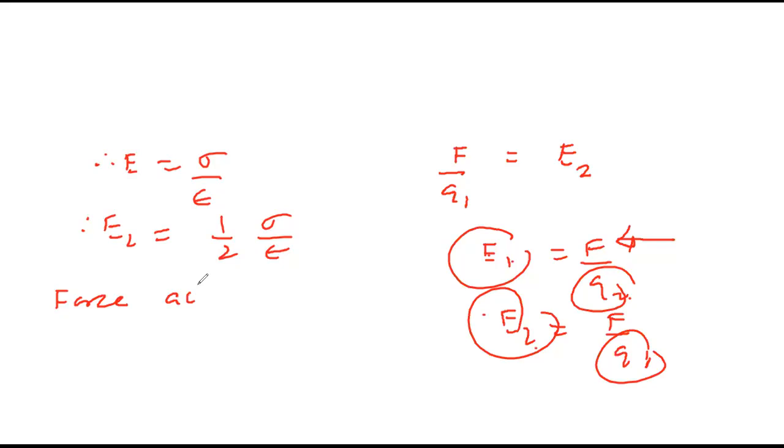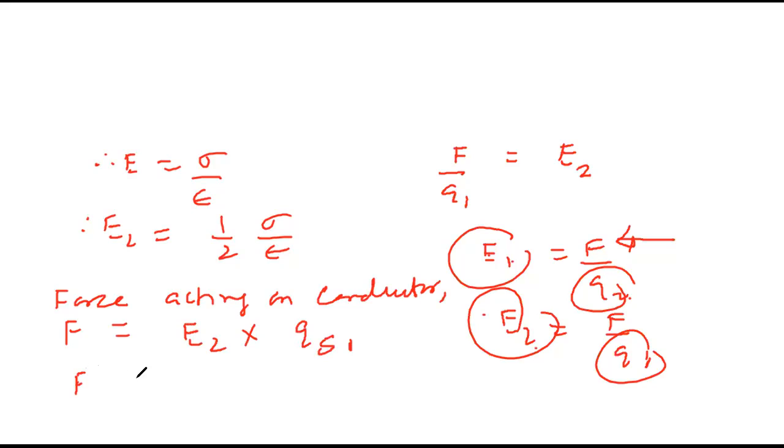So force acting on conductor, comma, F will be E2 into charge on S1. So half sigma upon epsilon into charge on S1, which is sigma into ds.